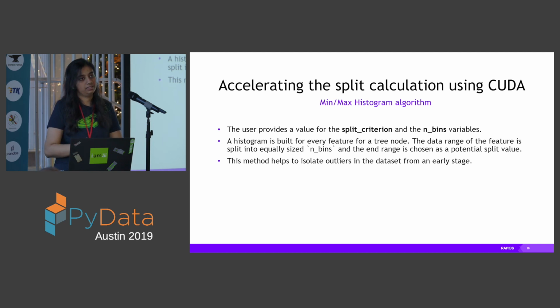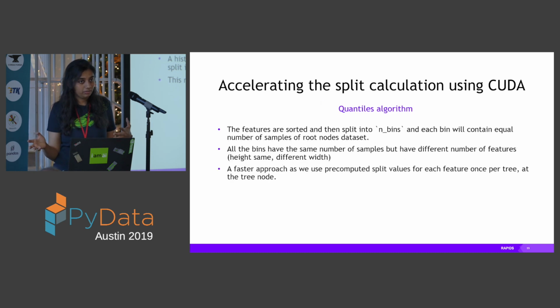A histogram for the features is created for each tree node, and the data range for each feature, the min and the max, is equally split into the number of bins given by the user. This helps us weed out and isolate any outliers that would be there. Once you have created the bins, for each bin we take a potential split value, which is generally the maximum value of that bin.